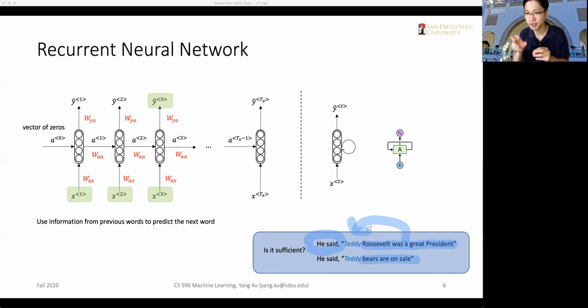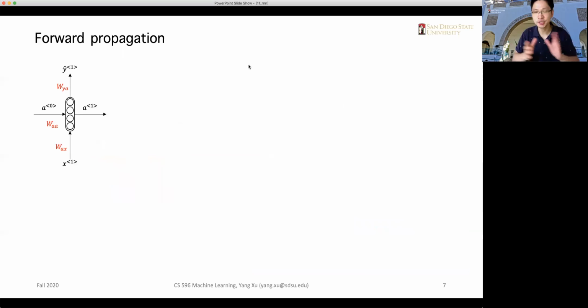The word is determined not just by the history, but also by the future context, the left context and the right context. Okay, that's some additional information here, and we now carry on to the computation details of each time step. So this is the typical forward propagation, or forward pass, in a recurrent neural network.